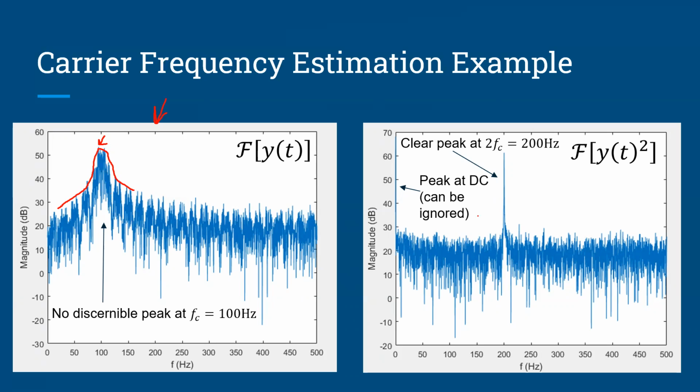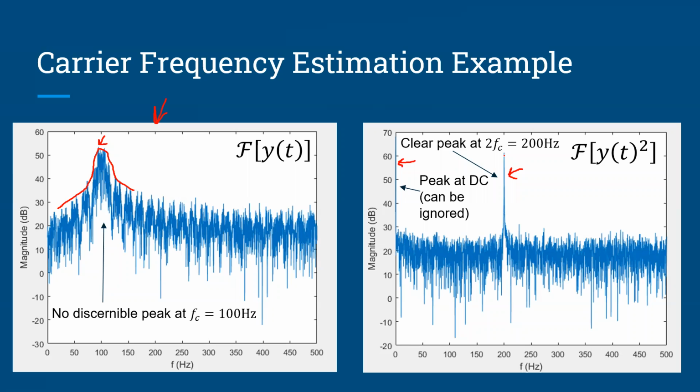So if we square it first and then take the Fourier transform, or the FFT, things become very different. We have the DC term here, and we don't really care about that. But more importantly, we have the double frequency component right here. And now it is a delta function, essentially.